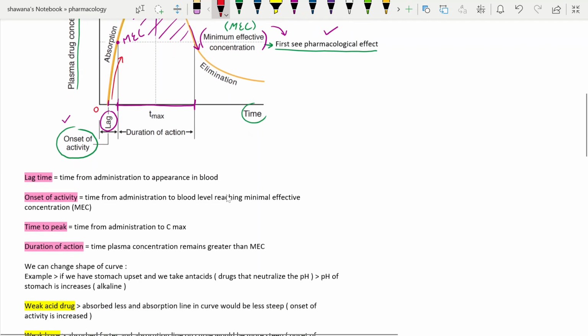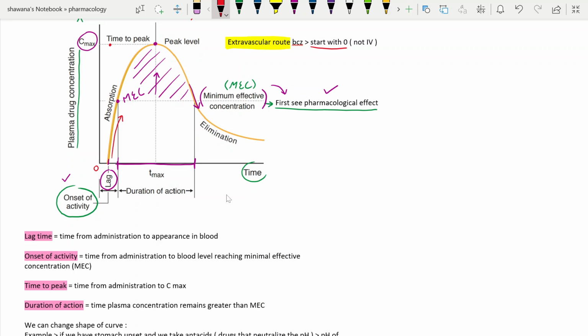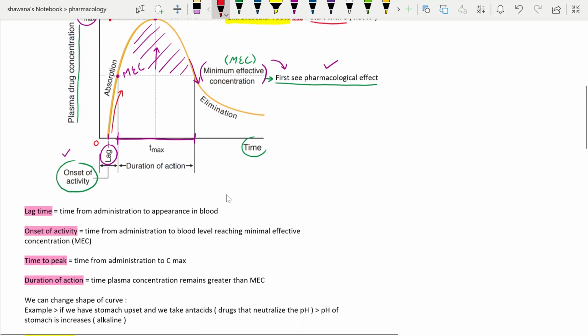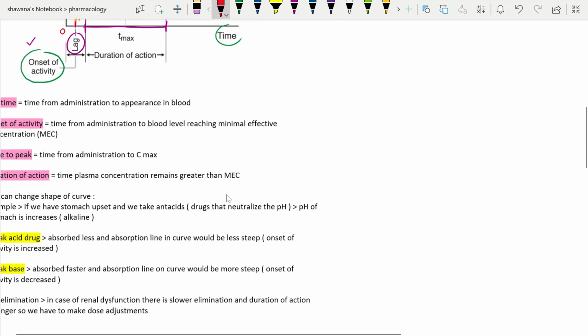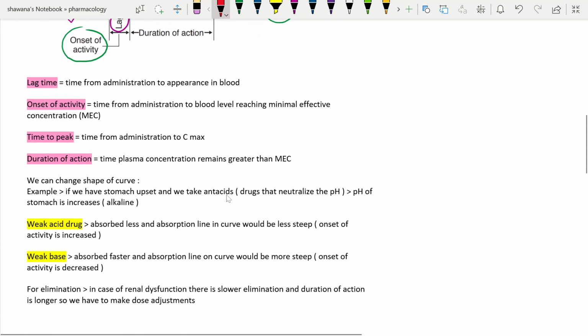So can we change the shape of the graph? Yes, we can. We can change the shape of the graph depending on the environment. So let's take an example. If we have a stomach upset, say an ulcer or anything else that is upsetting the stomach, and we take antacids.